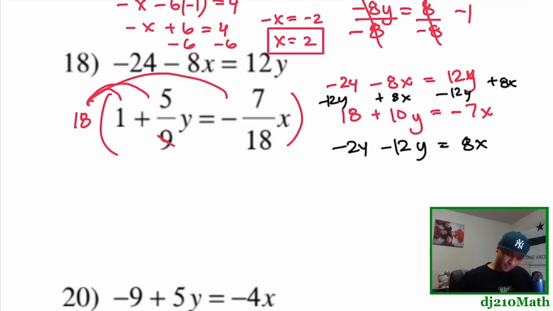Okay. There's a couple of things we can do. All right, so what am I thinking? You can't read my thoughts. I'm focused on the y's, 12 and 10.